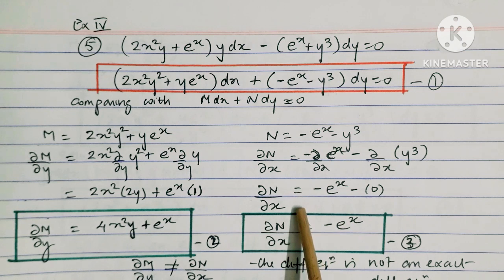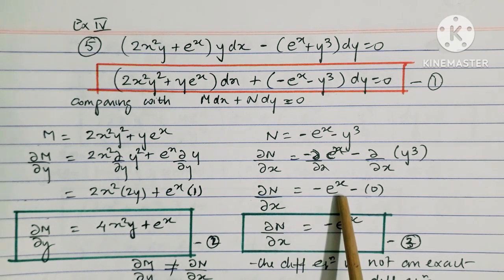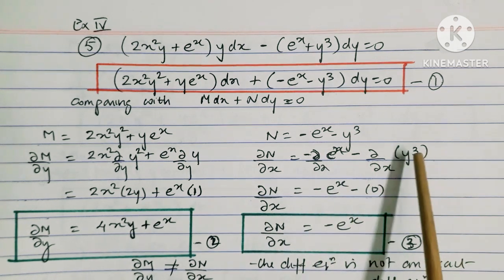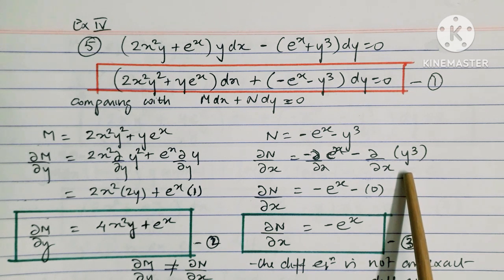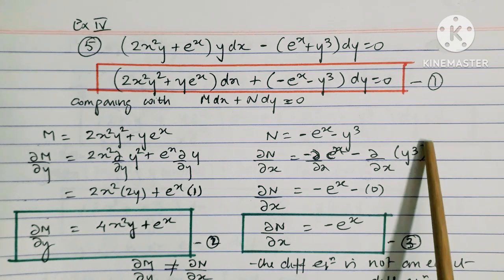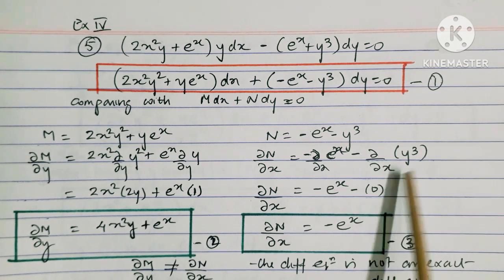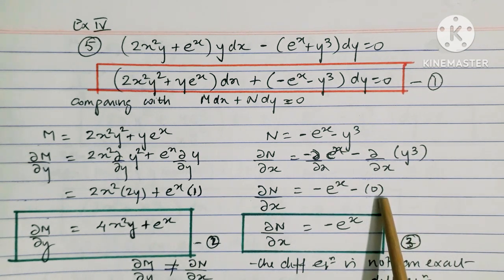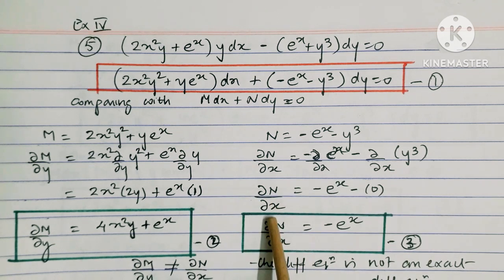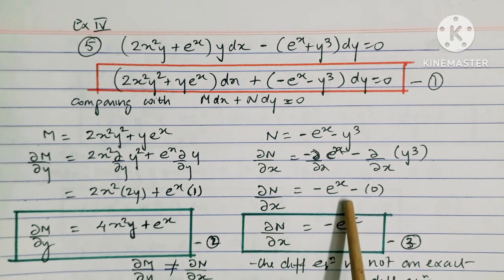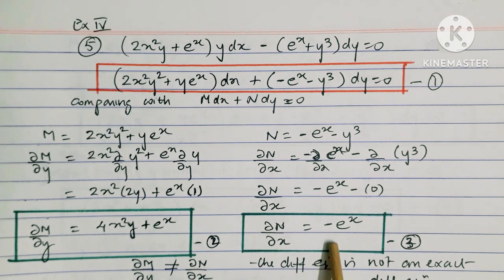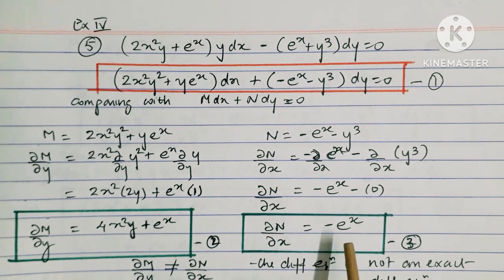So this will be equal to −e^x, and whenever we are differentiating partially with respect to x, we will have to treat y as a constant. Hence, ∂/∂x of y³ will be equal to 0. Therefore, ∂N/∂x will be equal to −e^x − 0. Hence, ∂N/∂x is equal to −e^x.